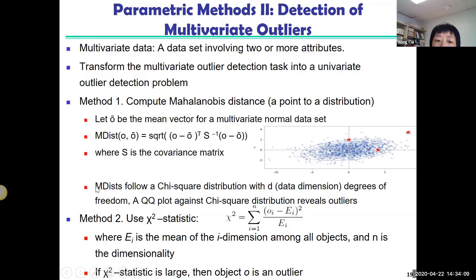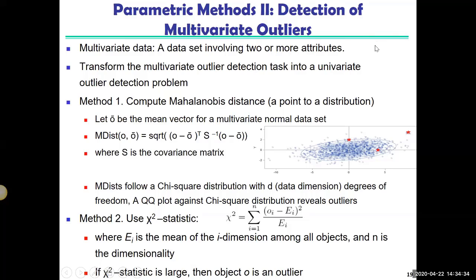And this Mahalanobis distance follows a chi-square distribution with D degrees of freedom for D-dimensional data. Then you can use the QQ plot to plot your distance against a chi-square distribution to see whether the QQ plot forms a straight line. If not, then those dots that are off the line are considered outliers.